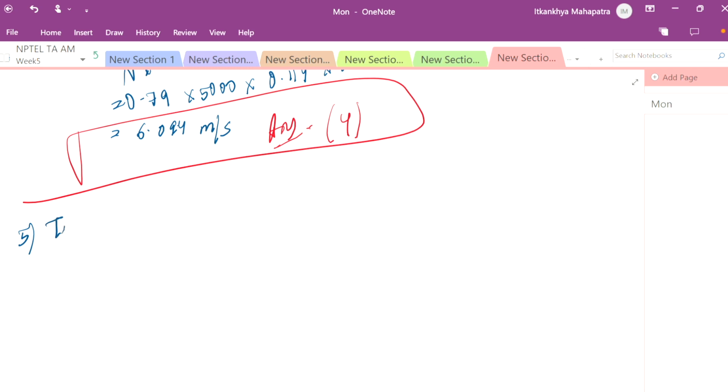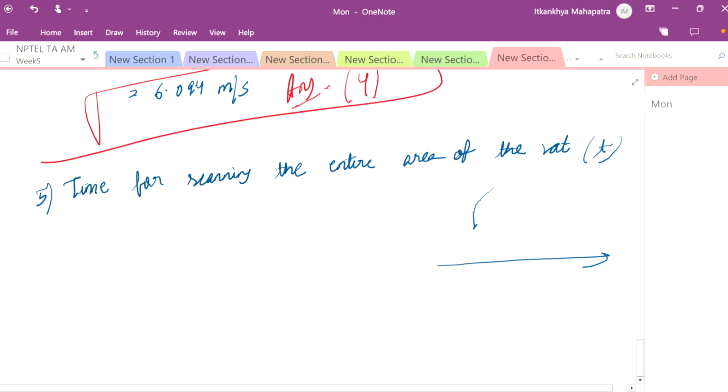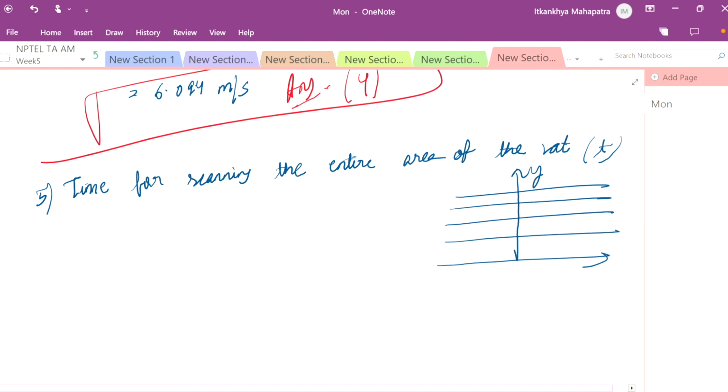Time for scanning the entire area of the vat, T. Suppose let's consider this as the x-axis and this as y, and these are some of the strands, and this is the distance between each strand, which is known as spacing.